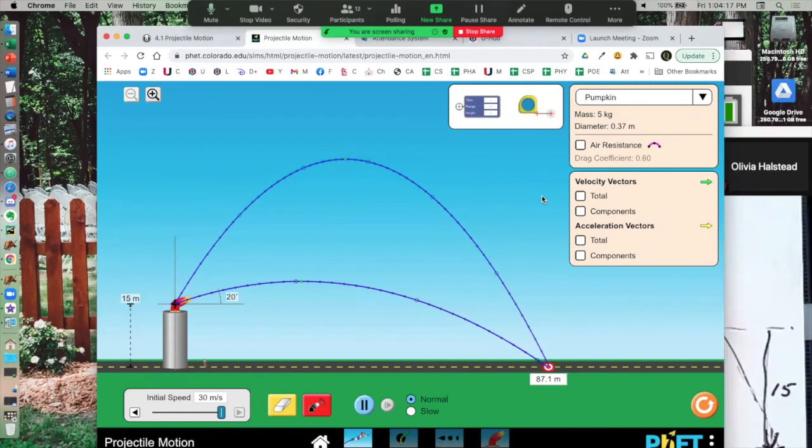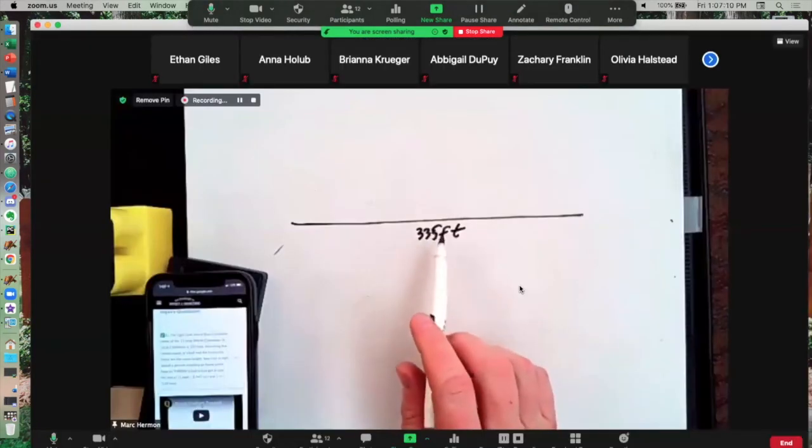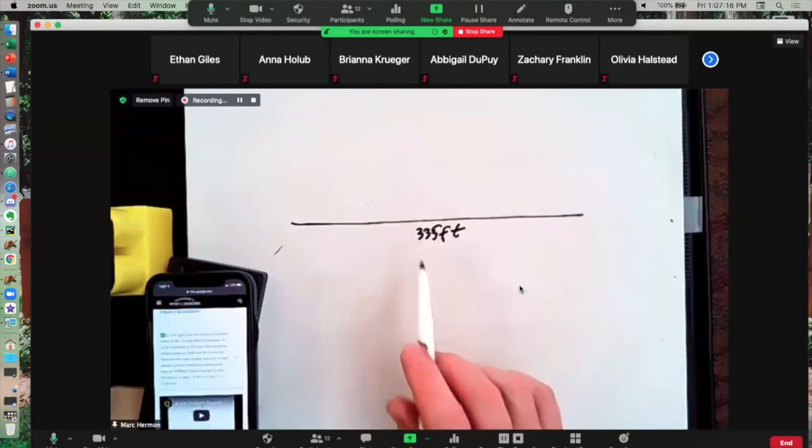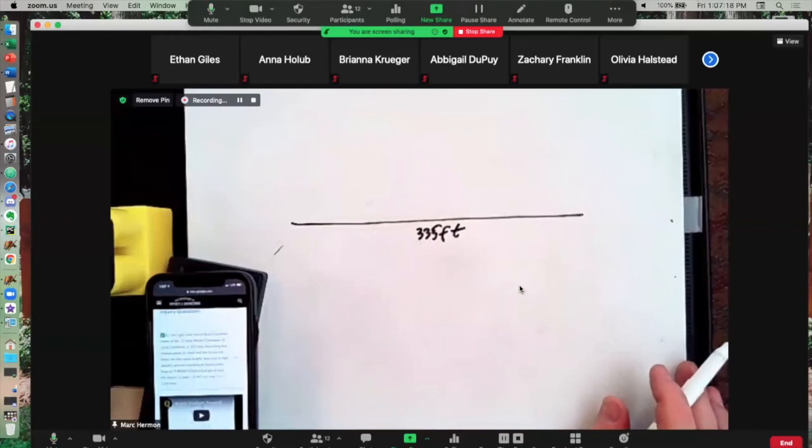That's the interactive. There's 2 inquiry questions. So 335 feet down the right field line, assuming the release point of a ball and the home run fence are the same height. Okay, so we're going to throw a ball. We're on home plate. We're going to throw a ball down the right field line, and the release point of the ball will say is the same height as the fence.